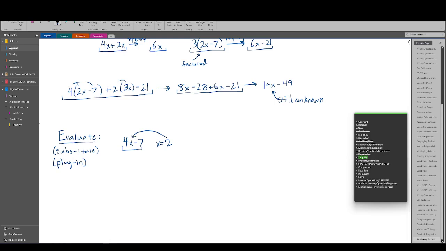So we plug it in, and we call this evaluating this thing. So we're figuring out the actual value: 4x minus 7 now becomes 4 times 2 minus 7. And that's equal to 8 minus 7, which is equal to 1. So now we do get an actual value for our expression by plugging in or substituting a value of x. And we then say we have evaluated this expression when x equals 2.